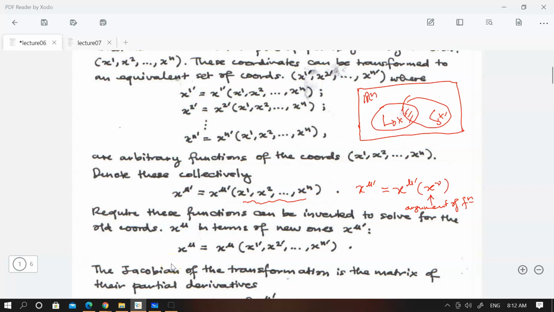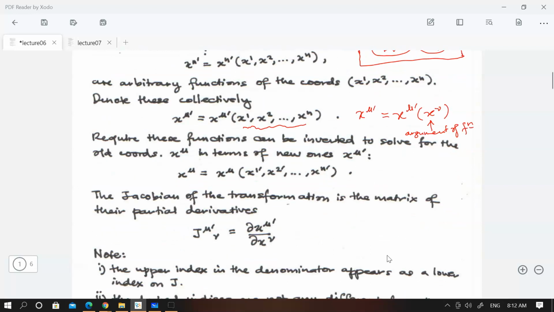So in other words, this will be an inverse of this mapping. This is a mapping from the undashed coordinates to the dashed coordinates, and this will be the opposite. So again, we treat them as functions.